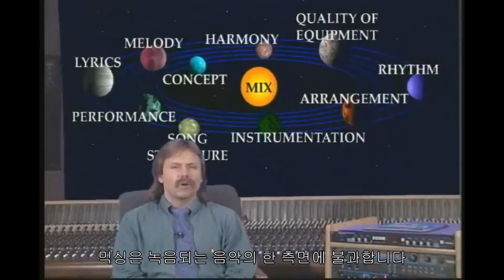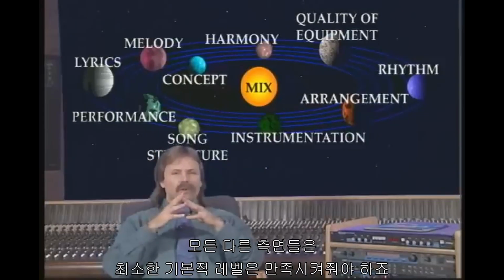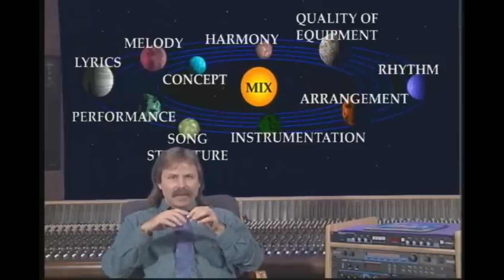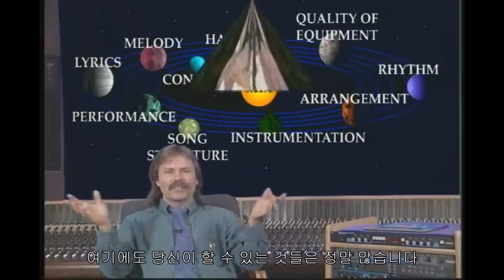The mix is only one aspect of a recorded piece of music. All of these other aspects must be at least okay at a basic level of good quality. The mix can be used to hide some of the weaker aspects, but there's only so much you can do.